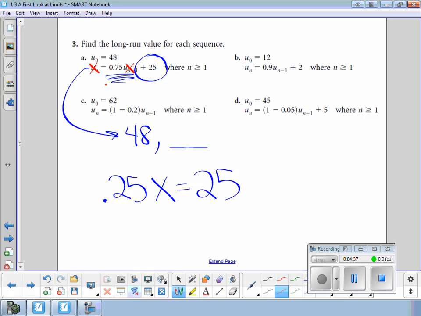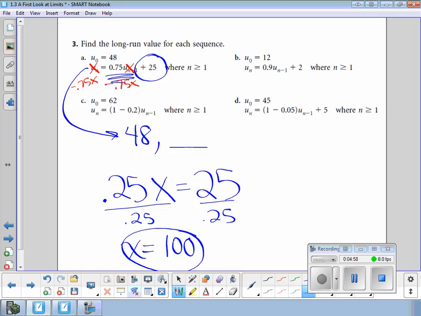The second line here would be, if you take away 0.75x from both sides, it would say 0.25x equals 25. Solve this by dividing, and x must be 100 in that problem. Okay?